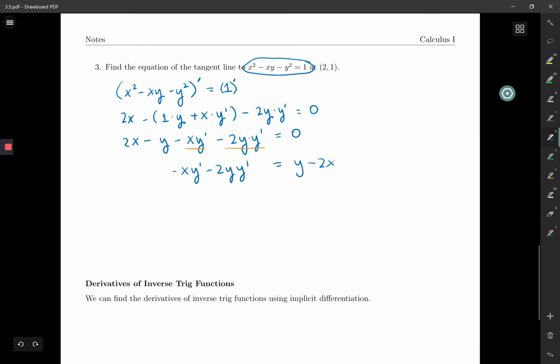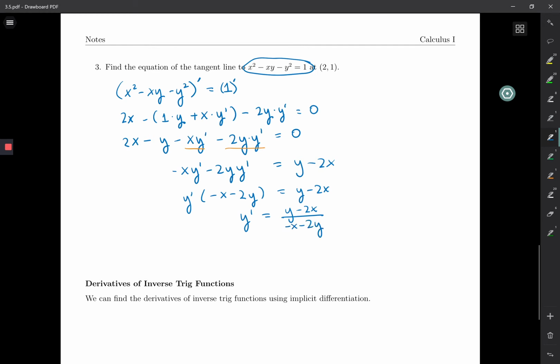And then we can factor that y prime out of both terms, and we'll be left with negative x minus 2y. And then to get y prime by itself, we just divide by that expression. So we'll get y minus 2x over negative x minus 2y.